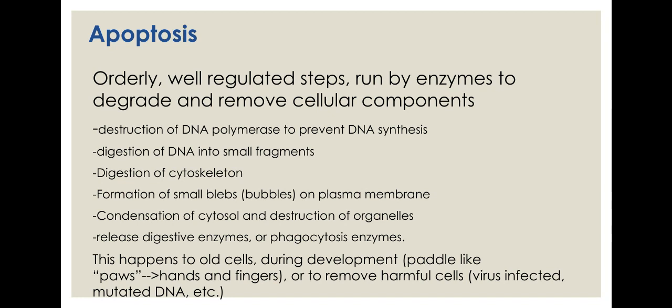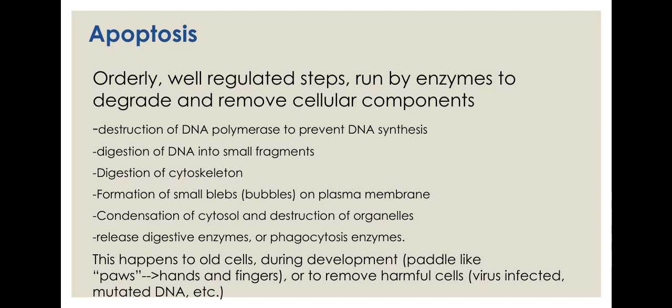And we see that when we have the formation of small blebs or bubbles on the plasma membrane, because we no longer have our cytoskeleton holding things as they should be. We get this squishing or condensation of the cytosol and destroying the organelles. And finally, digestive enzymes are released and we essentially break down the cell parts.